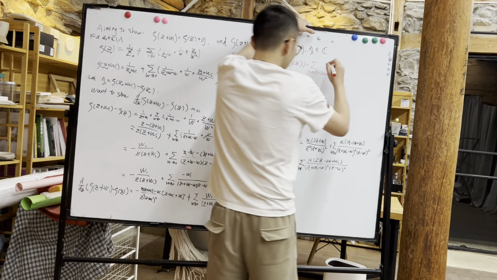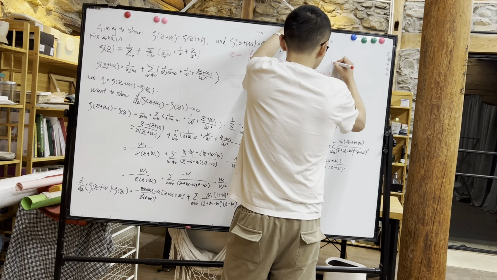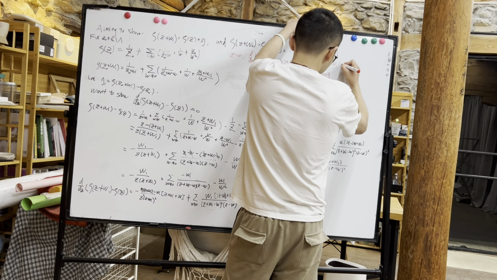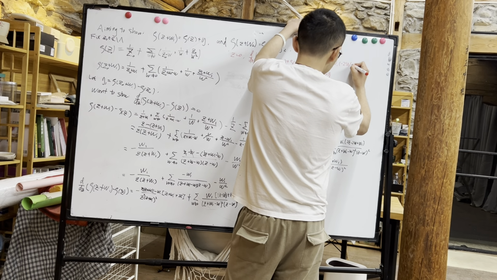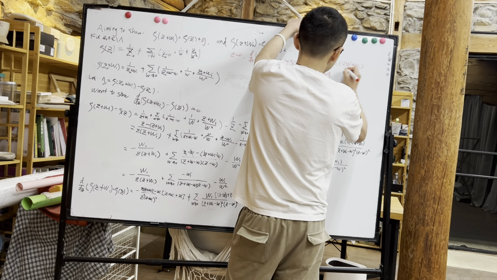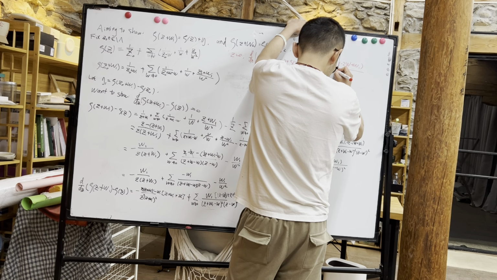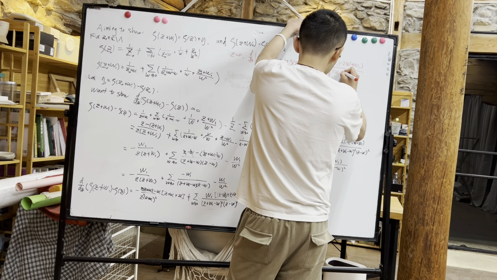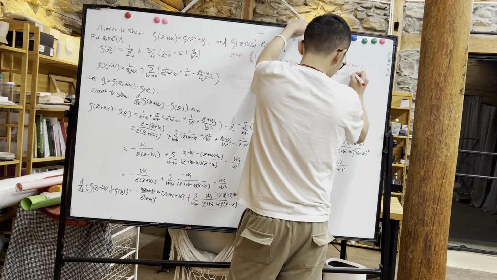For the summand, what I have is omega 1 times negative 2 omega plus omega 1, over omega 1 minus omega squared, times negative omega squared.